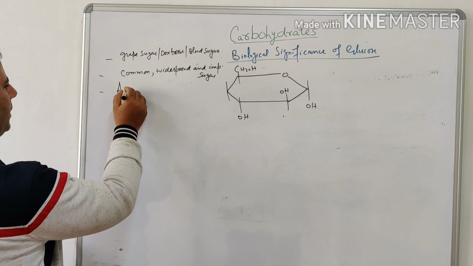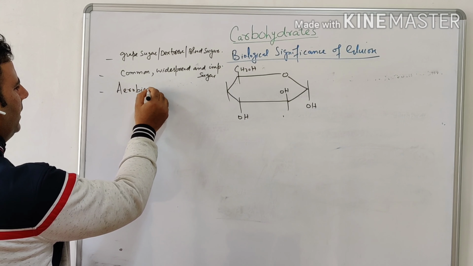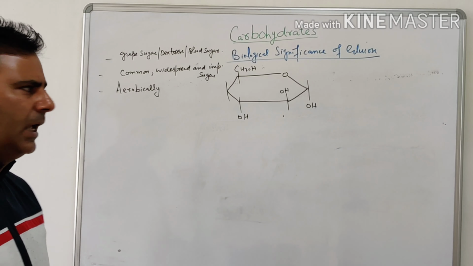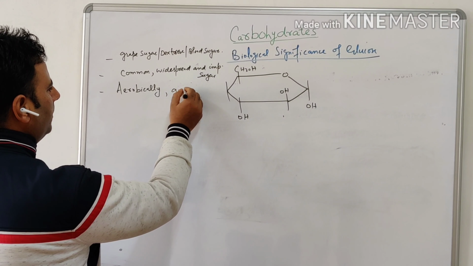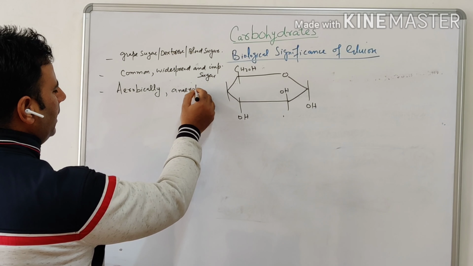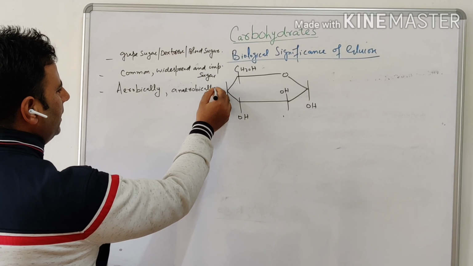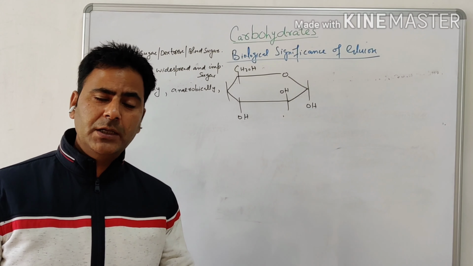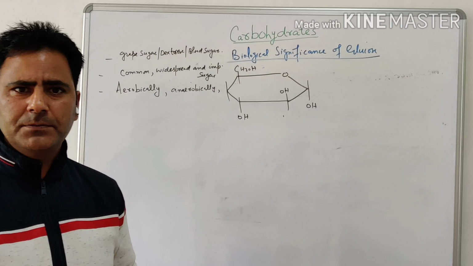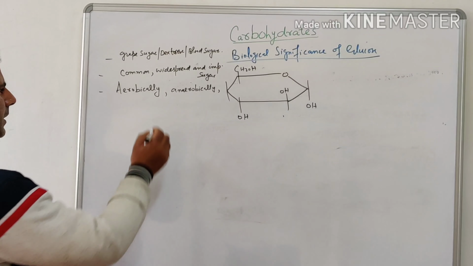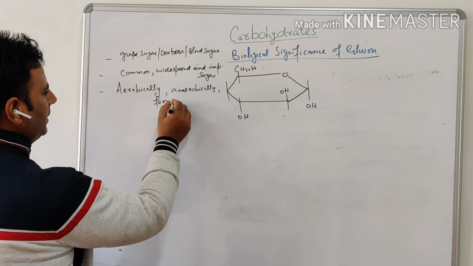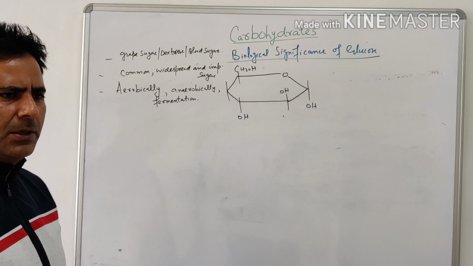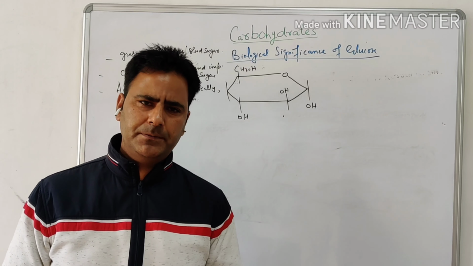It may be burnt aerobically, using molecular oxygen. And it can be burnt anaerobically sometimes. In the muscles, we burn glucose anaerobically at some times. And it may be utilized by fermentation. We have seen there are a number of industrial processes like alcoholic fermentation.